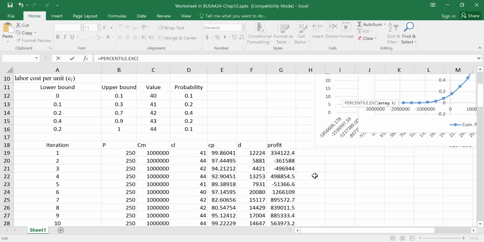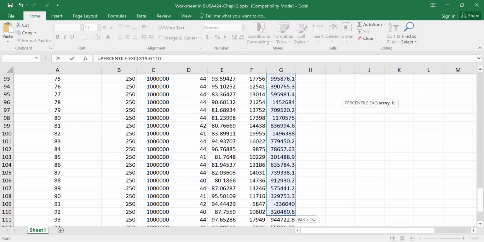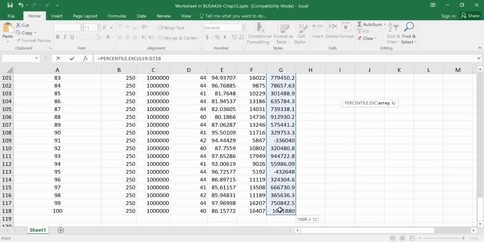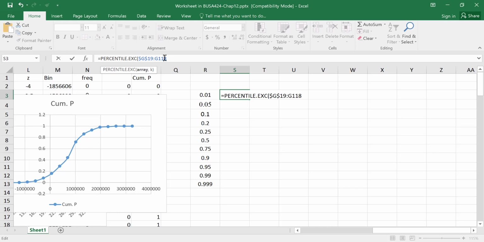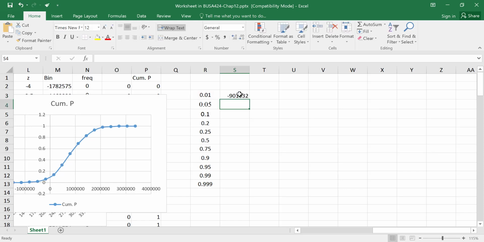So basically we select the profit column, and the next one is a K. It means that almost 1% of the values that we get is smaller than, or equal to, 91,032.